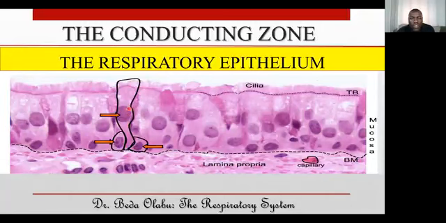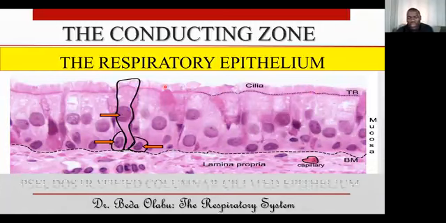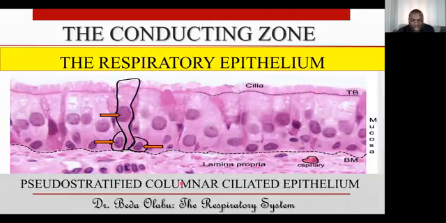When you have pseudostratified columnar epithelium, you look at whether it contains cilia or not, whether it contains goblet cells or not, whether it contains stereocilia or not. This one has cilia, and so we call it pseudostratified columnar ciliated epithelium. This is respiratory epithelium.